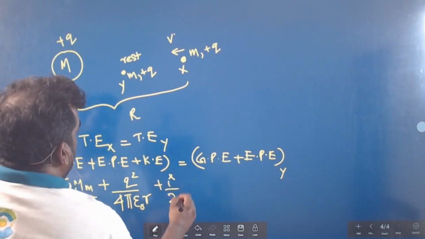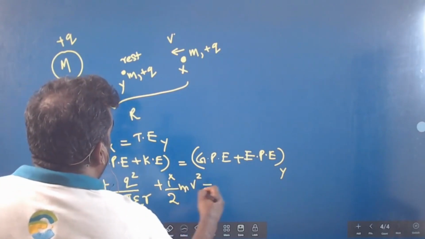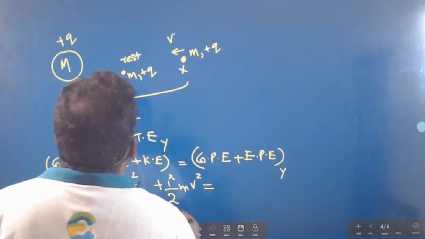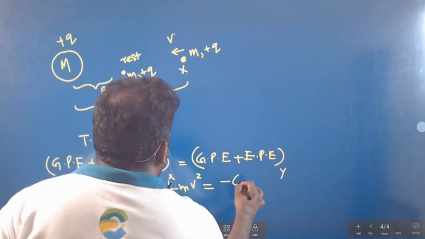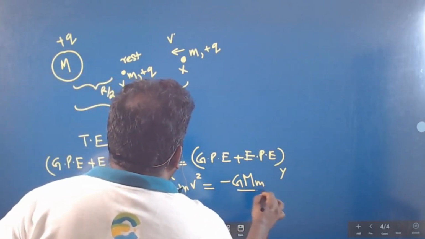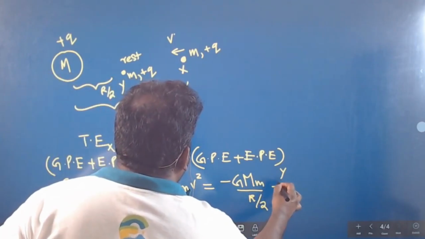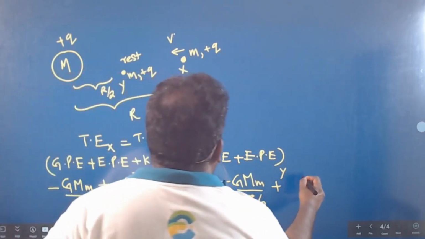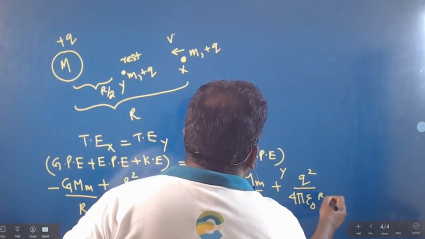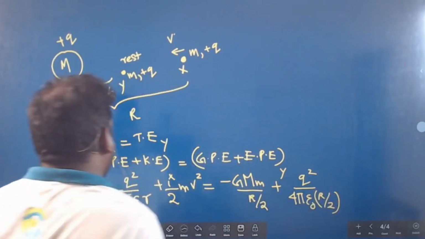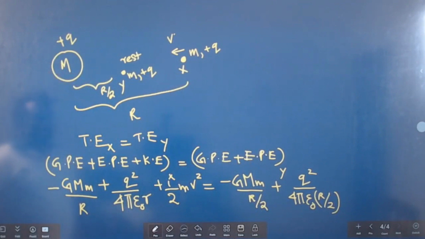Kinetic energy half m v squared. At Y, R over 2: minus capital G, capital M, simple m over R over 2, and electrical potential energy, multiplying both the charges, over 4 pi epsilon naught R divided by 2. Simplify this carefully.